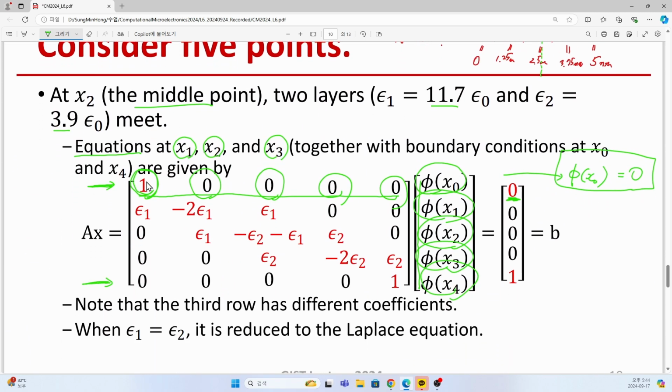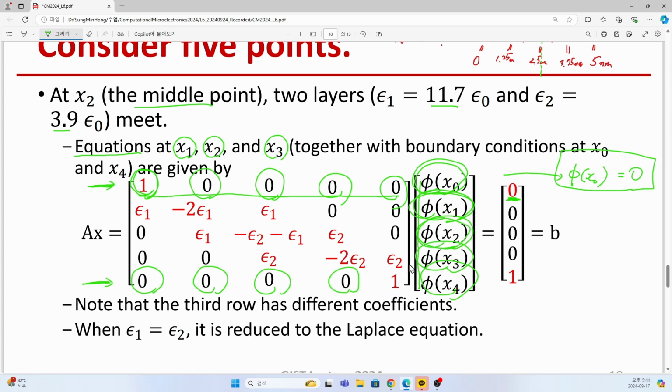Then let's visit the last row once again. Here we have 0, 0, 0, 0, 1, and when we make a multiplication, we have to perform multiplication of these two numbers, and these two numbers.